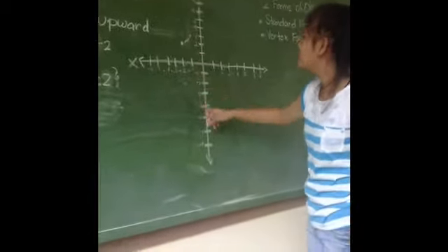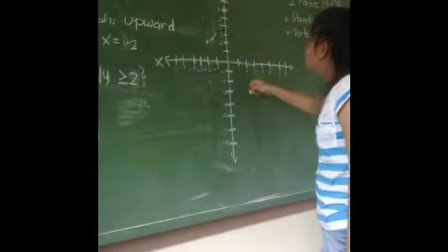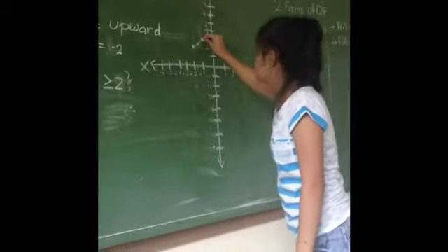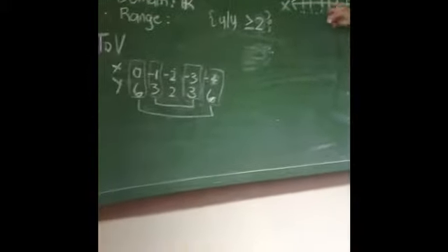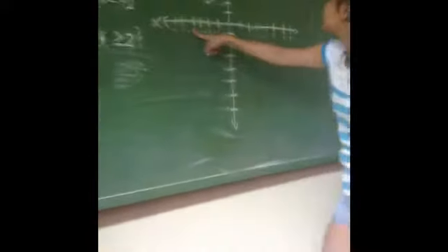And +2. Then 0, +6. -1, +3. -3, +3. -4 and +6.